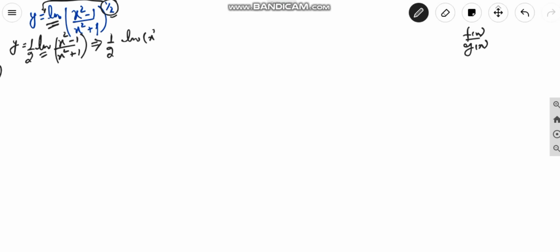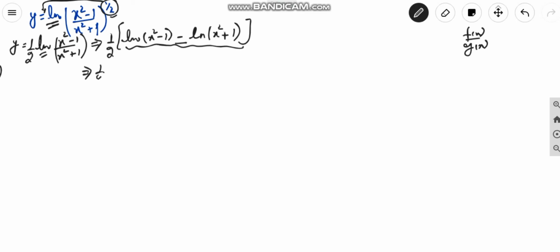So it will become natural log of x square minus 1 minus natural log of x square plus 1. The rule is that if the function next to natural log is in quotient, place it in the difference of two functions, similar to what I have written. Next, we will start finding the derivative of this function.